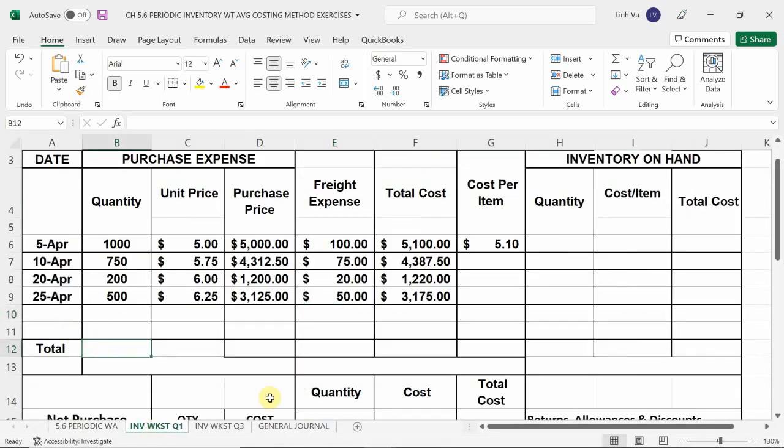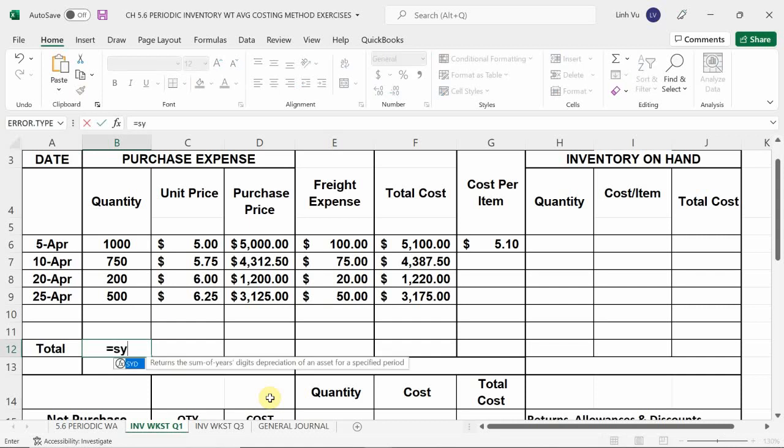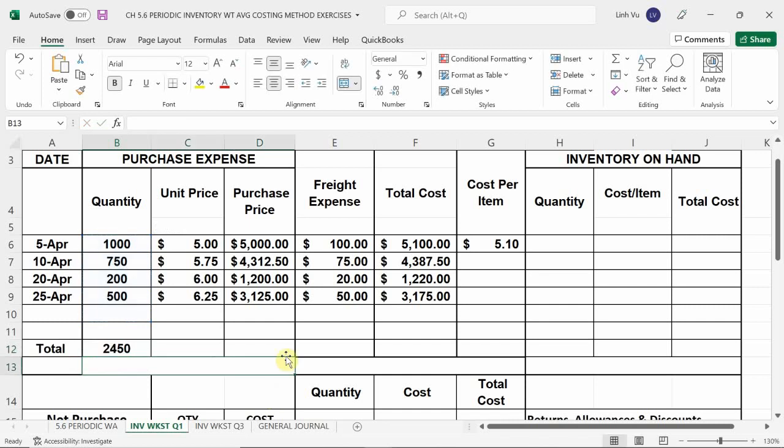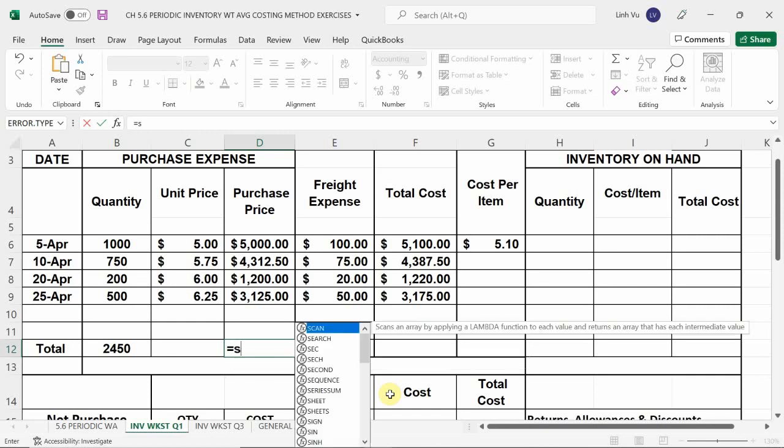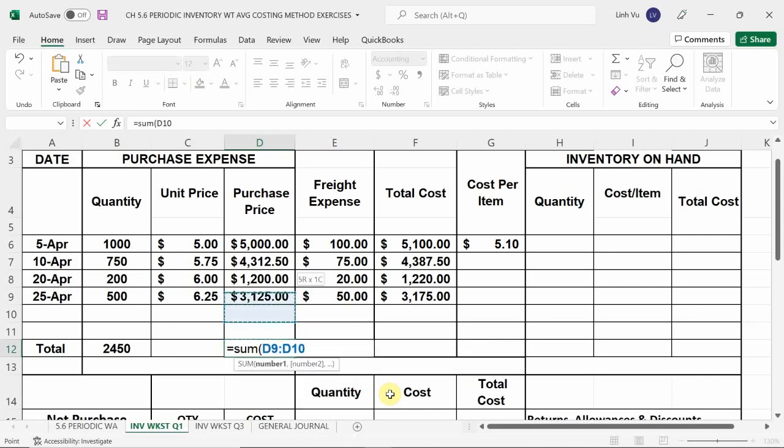So now we need to sum our totals here. Okay. What was my total number of items that I purchased? 2,450. What was my total purchase price? 13,637.50.